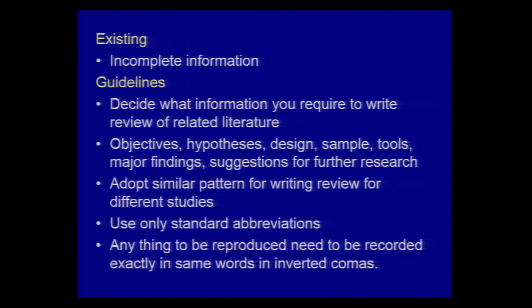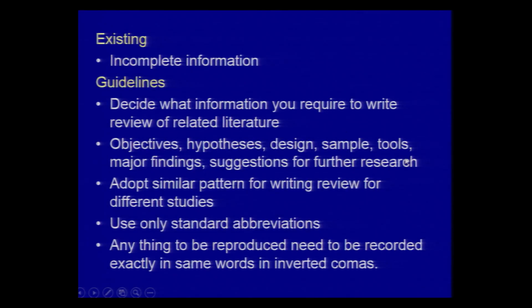You decide whether you are going to include the objectives, hypothesis, design, sample, tools, and the major findings, along with suggestions for further research. Once you set up criteria for what information you are going to include, all studies for which you prepare an abstract should provide you this information.